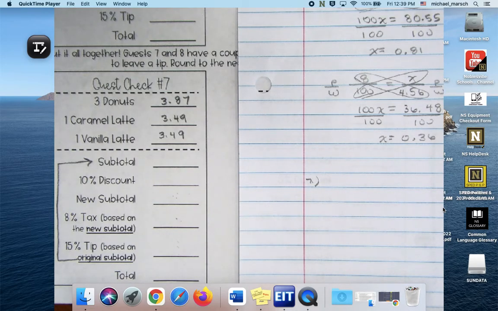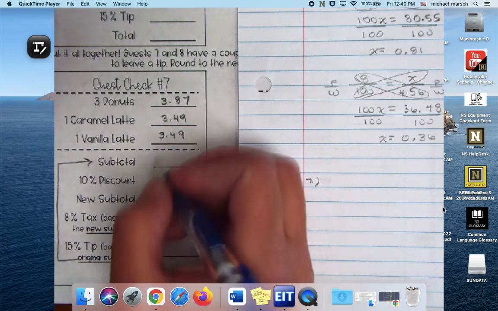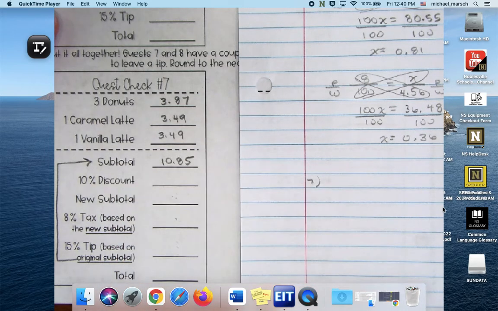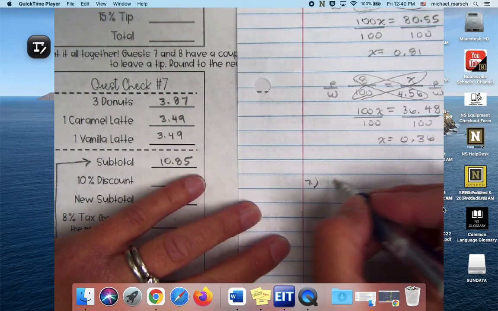So when we add all these up, what do we get? How much is their original subtotal? Use your calculators. Emma? $10.85. Great. Now I need to figure out their 10% discount.